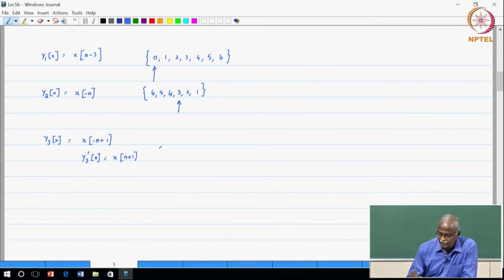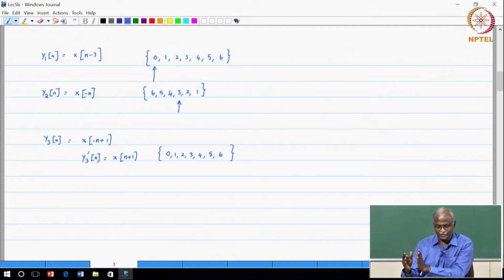So this will be a sequence. n plus 1 means you are advancing the sequence by 1. 0, 1, 2, 3, 4, 5, 6, okay, and zeros outside of that range. The advance operation says that the entire sequence moves to the left.